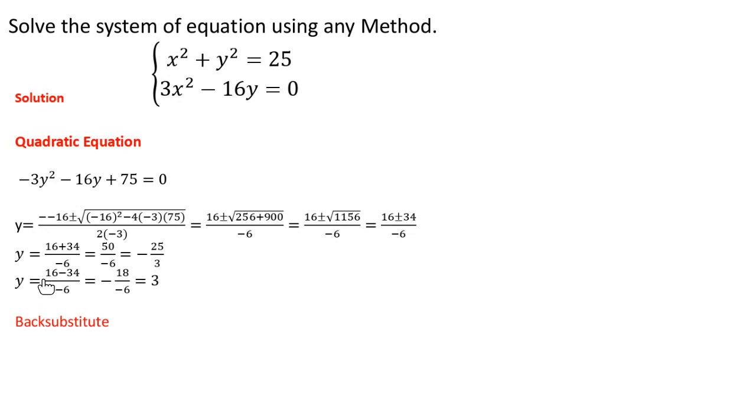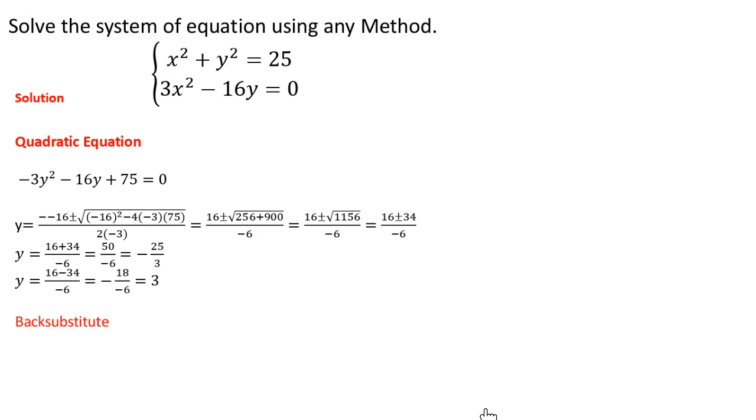For the second one, 16 minus 34 divided by a negative 6, we end up with negative 18 divided by a negative 6, which becomes 3. So again, these two solutions are just coming from having this plus or minus after we took the square root.